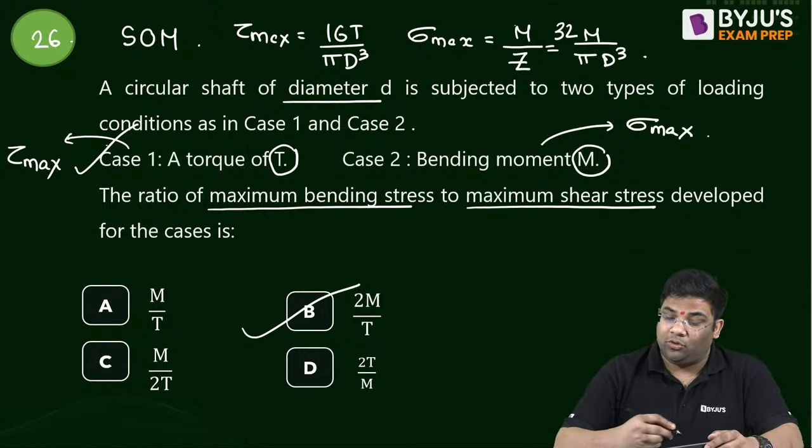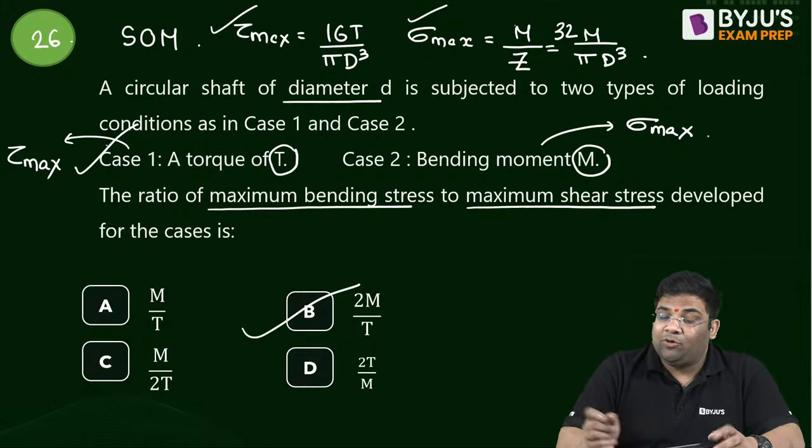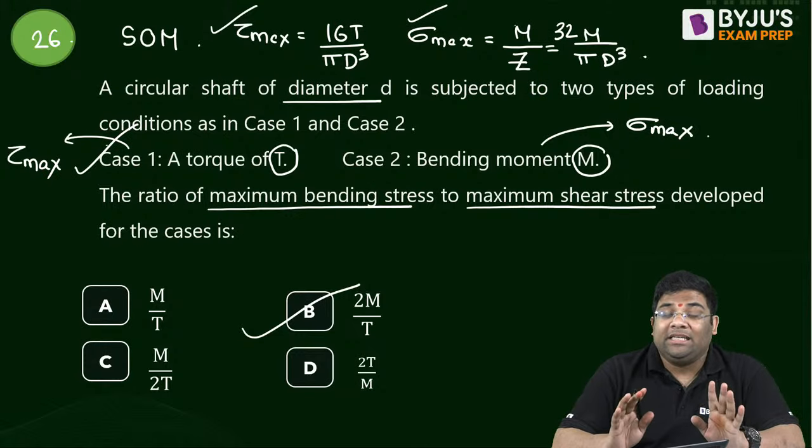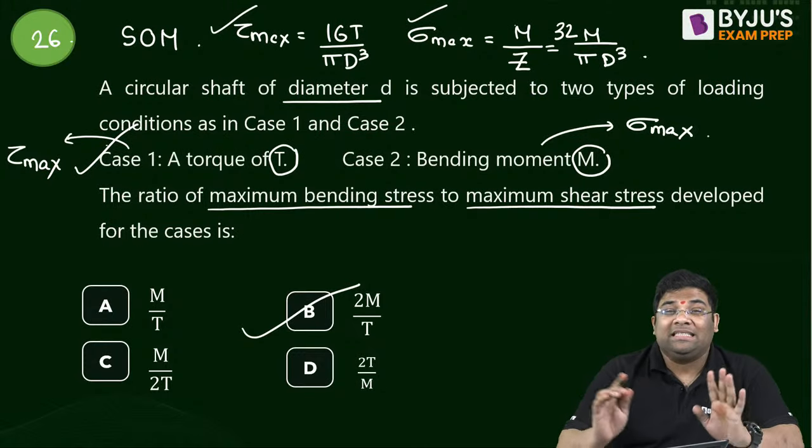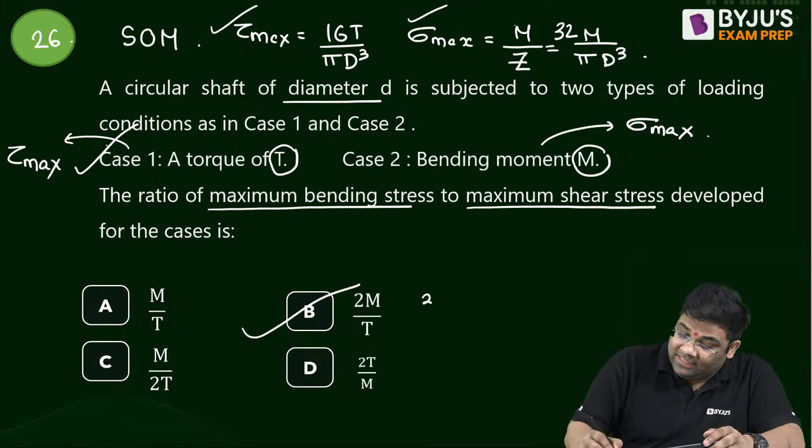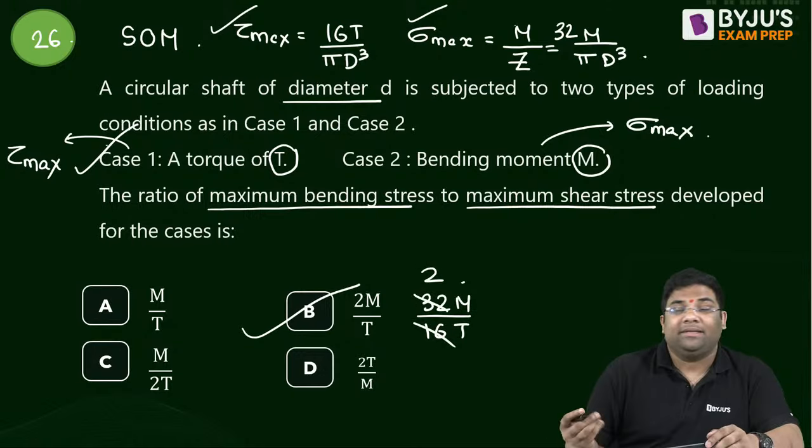If you take the ratio of maximum bending stress and tau max, the pi d cube gets cancelled. I get 32 M by 16 T, which is nothing but 2M by T.